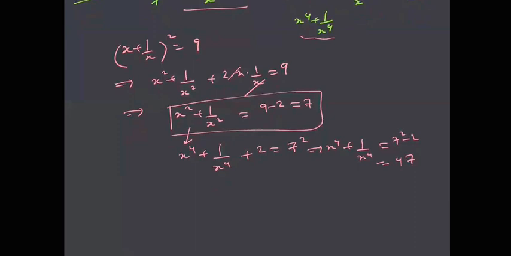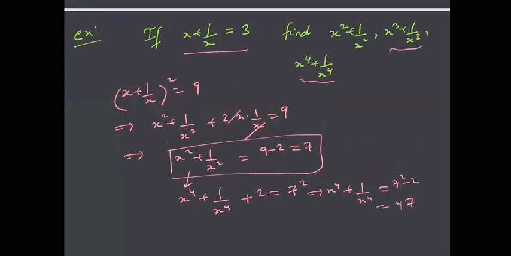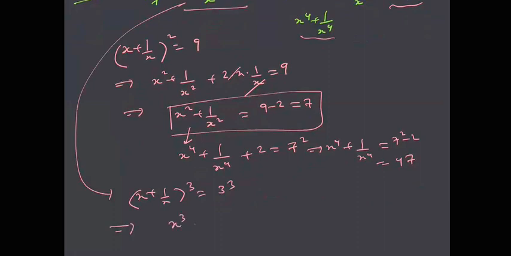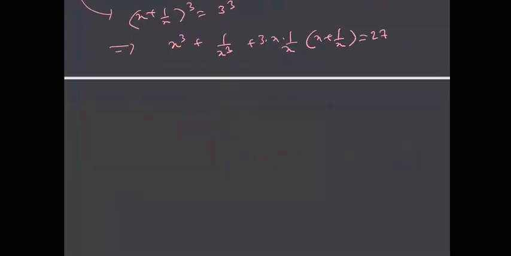Yes. So now how to get x cube plus 1 by x cube? It is simple. You just cube the first expression. So (x plus 1 by x) whole cube is 3 cube. So then (a plus b) whole cube is a cube plus b cube plus 3ab into (a plus b). It is 27.